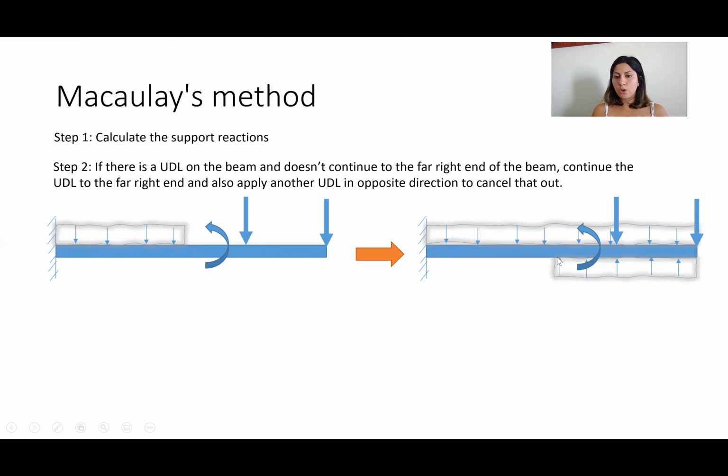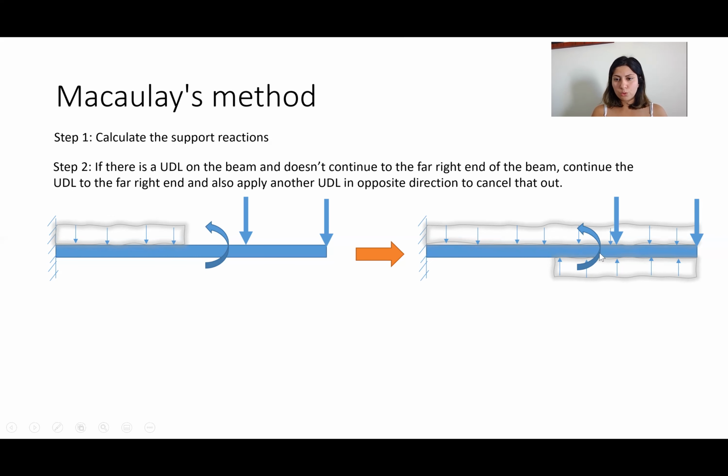And also you need to apply another UDL in the other direction to cancel this part out, because this part does not exist. This UDL doesn't exist. So you need to cancel this out by another UDL in opposite direction. We use this method to make the procedure much easier.